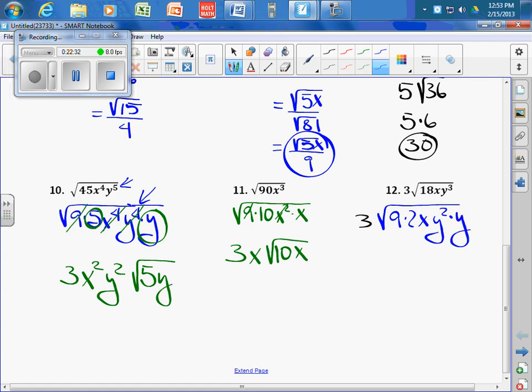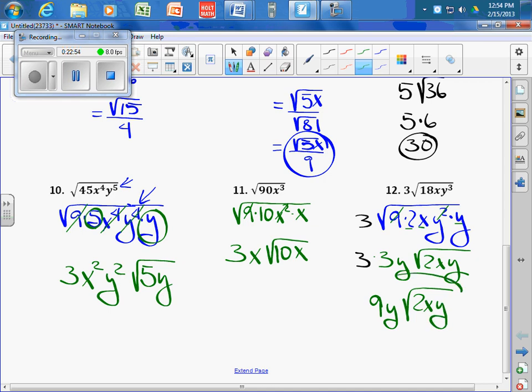Again, I need even exponents. So what do I have here? Putting it all together, I have the 3 that's outside. The square root of 9 is 3. The 2 stays, the x stays. The square root of y squared is y. This y stays, so I have inside 2xy. Final answer, 9y radical 2xy.